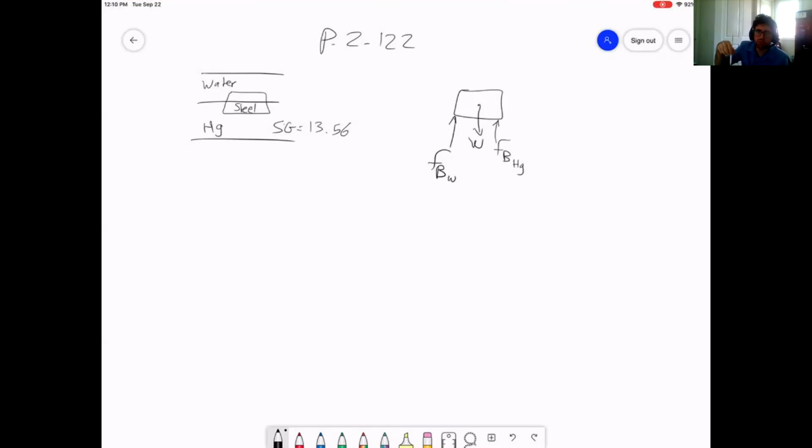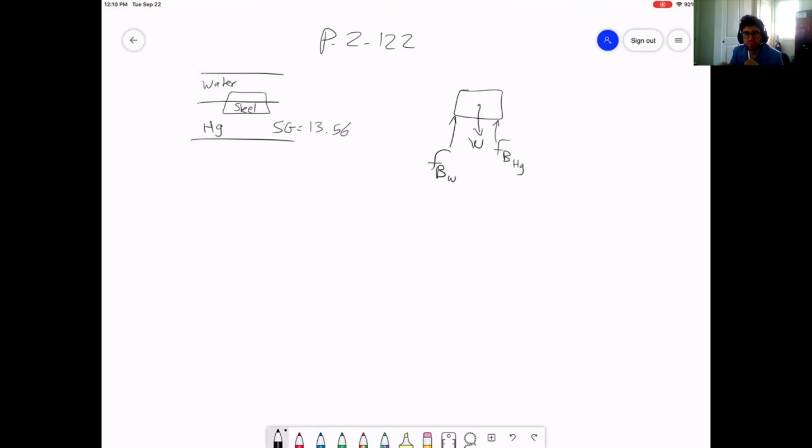You're going to have the weight of the block and the buoyant force from the water. The only thing we're changing in this problem is adding a second fluid, which is mercury. So both fluids, water and mercury, will push up on the block. Oh, okay. Does this make sense? That kind of makes sense.